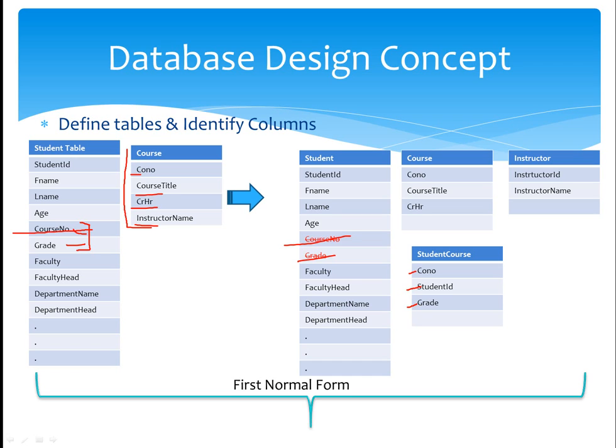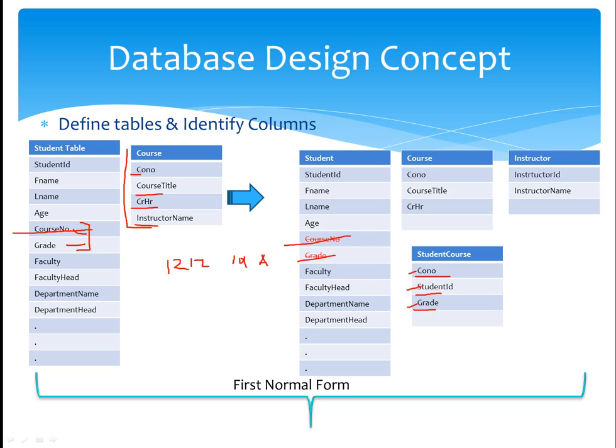So if we have Joseph, I assume that Joseph's ID is 1212, and if Joseph takes Maths 101, and then grade is A, what we can do is simply come here, write the course number, student ID, grade. If there is another one, we can do that.